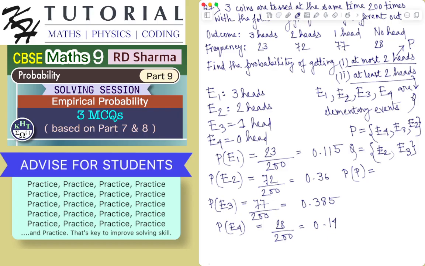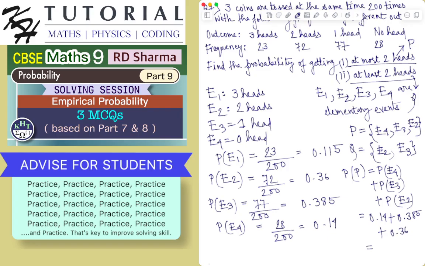So probability of P will be probability of E4 plus probability of E3 plus probability of E2, which is 0.14 plus 0.385 plus 0.36.